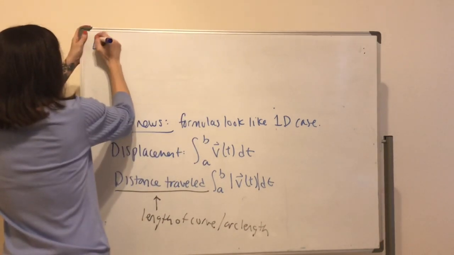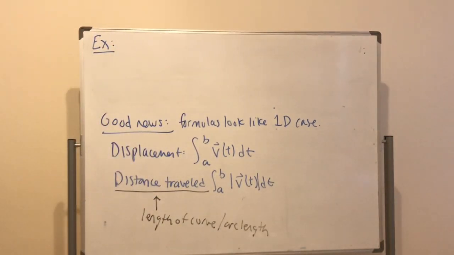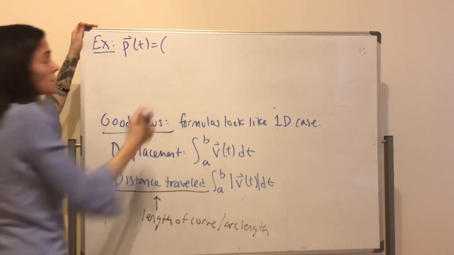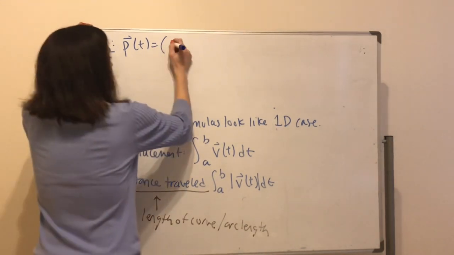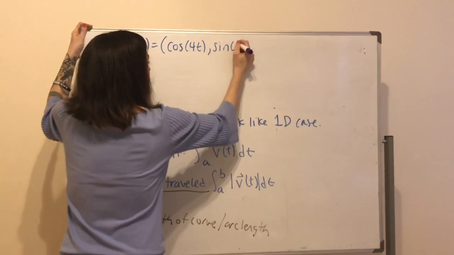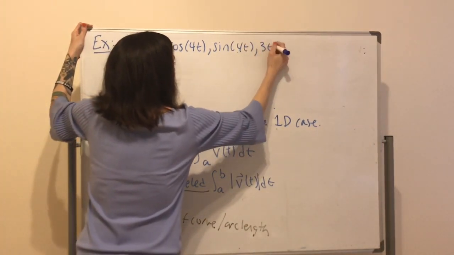First example, we are given P of t equals cosine 4t, sine 4t, and 3t.